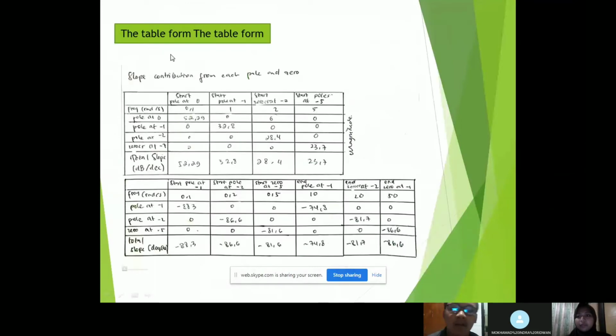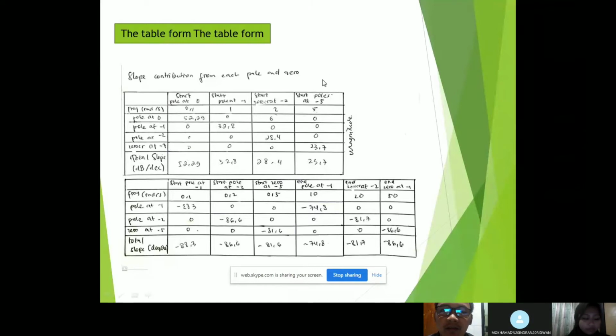Next, Taufan Adiguna. This is the table of slope contribution from each pole and zero, done manually. As you can see, it starts with the pole at 0, -1, -2, and -5. Exactly, we have recognized the result.